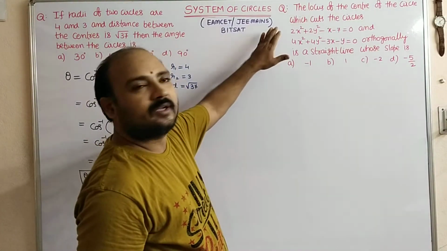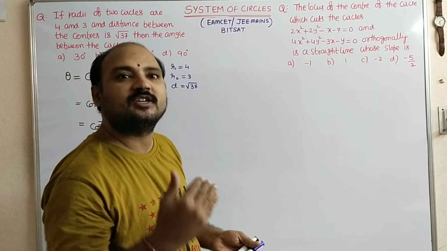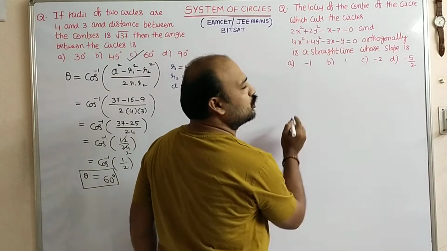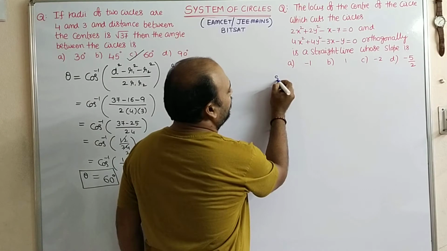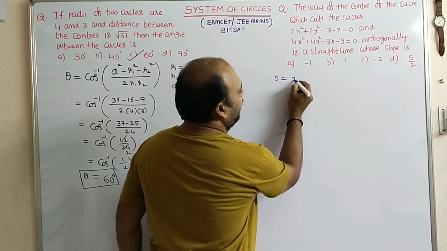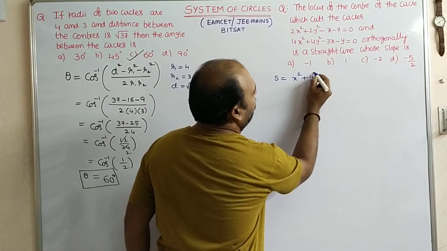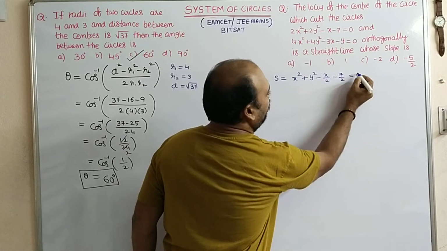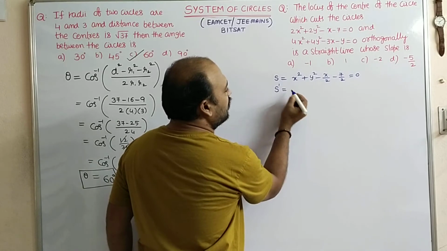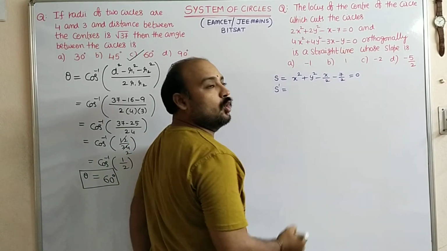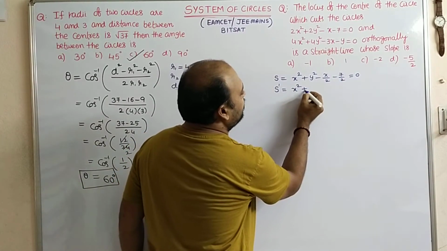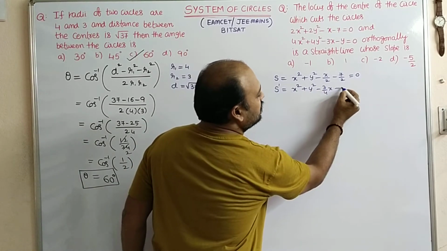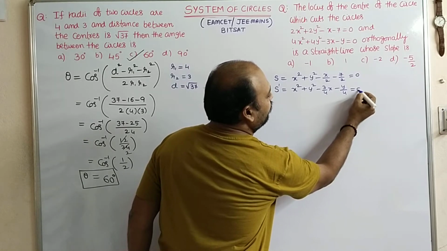So first calculate the equation of circles in the general form. Here the first circle, dividing by 2, becomes S equal to x square plus y square minus x by 2 minus 7 by 2 equal to 0. S dash, the second circle, dividing by 4: x square plus y square minus 3 by 4 x minus y by 4 equal to 0.